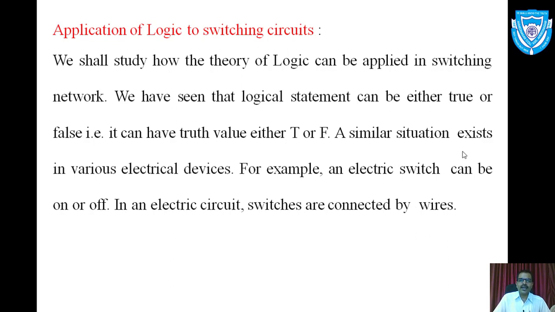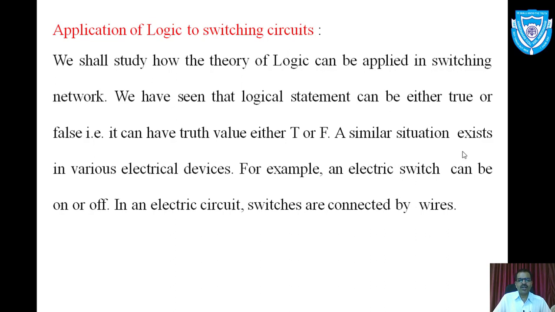We have seen that a logical statement can be either true or false. That means its truth value is either T or F. A similar situation exists in various electrical devices. You can correlate the logical statements with the situations in electrical circuits. For example, an electric switch can be on or off.